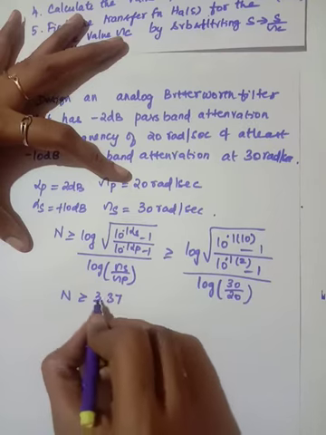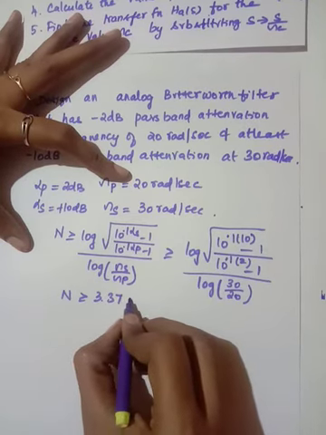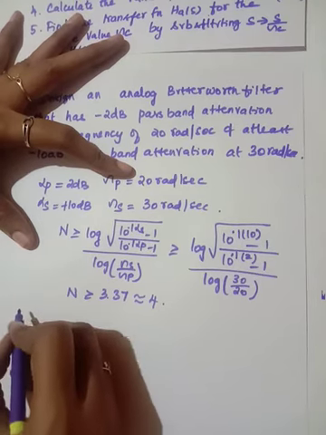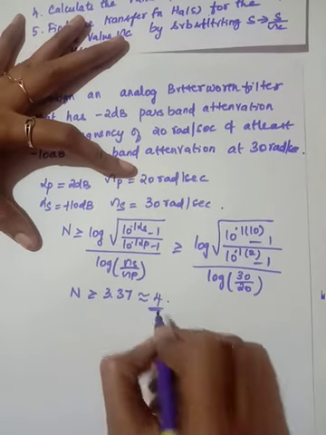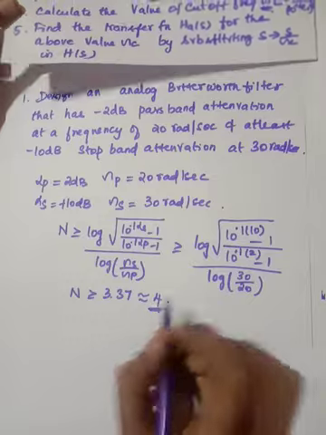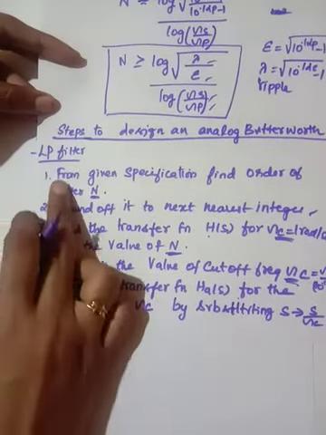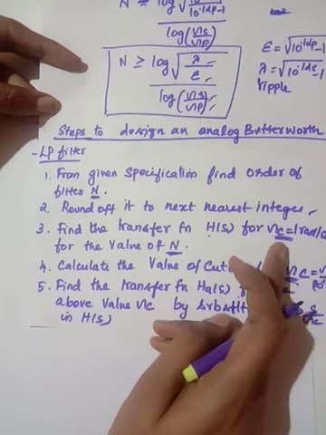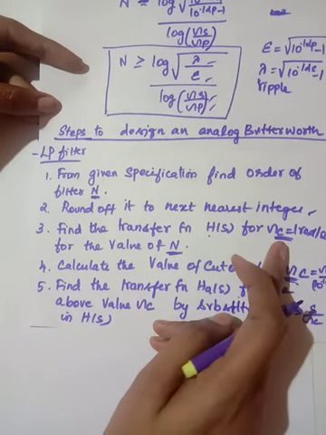Whatever the value may be, you need to take the next nearest integer, so the next nearest integer is 4. So we find that the order of the filter is 4. We have done these two steps. Now we are going to find H of s for ohm c equal to 1 radian per second.